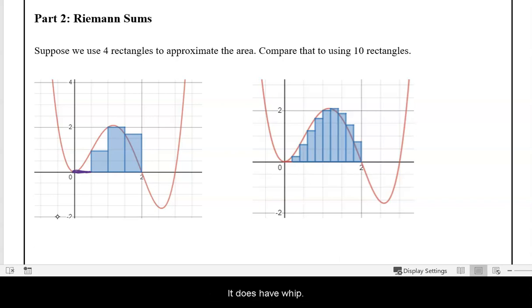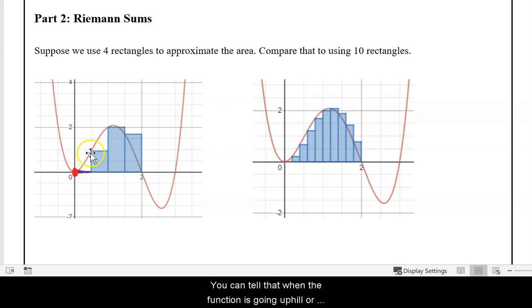It does have width. It's half a unit wide, but it has no height because its left endpoint, which I'll now put on here in red, has y value of 0. You'll notice that on here, the left endpoint is touching the function. The y value at the left endpoint then becomes the height of that rectangle.